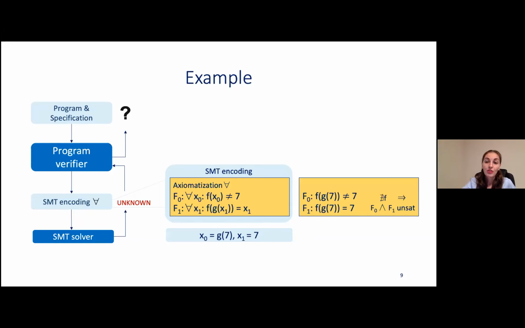From F0 we learn that f of g of 7 should not be 7, whereas from F1 we learn that f of g of 7 should be 7. Therefore, there does not exist any interpretation for the uninterpreted function f such that the formulas hold, so F0 and F1 are unsatisfiable together.